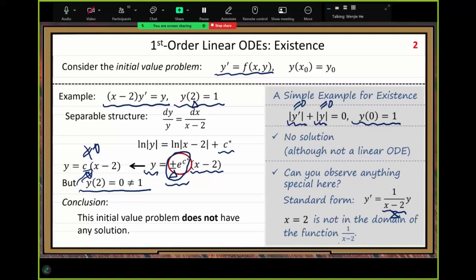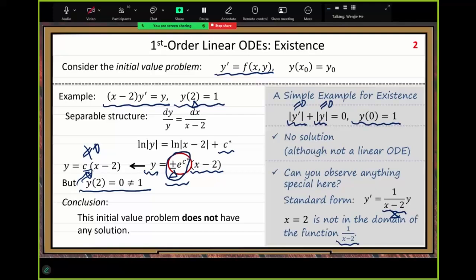So the domain of this function excludes x equal 2. So x equals 2 is not in the domain of that f function. Then the IVP problem does not have any solution. Okay? Not in the domain.